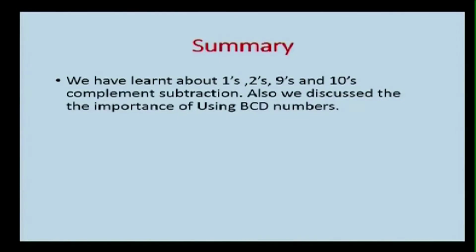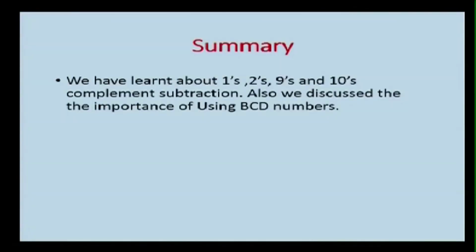Let's summarize what we have seen in today's lecture. In today's lecture, we learned about how subtraction can be done by 1s, 2s, 9s and 10s complement methods. Also, in this lecture, we had discussed the importance of BCD codes. After the discussion, we saw just one code, the BCD code, mainly the 8421 code, which is widely used.